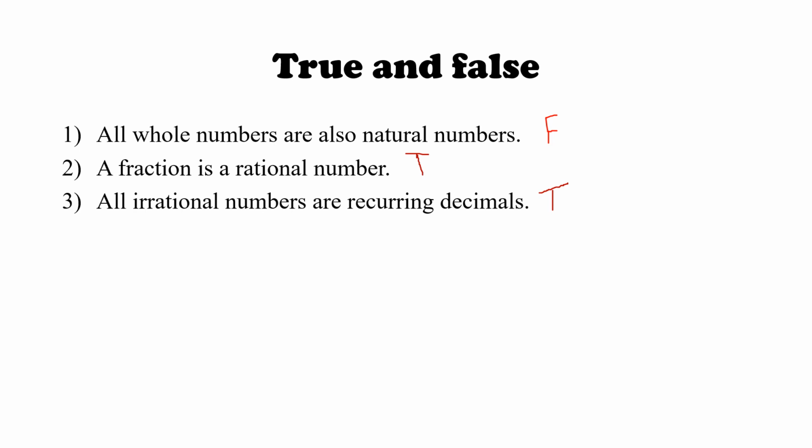It doesn't stop. The numbers keep going on forever. That's the same definition for irrational. It doesn't end. It goes on and on and on. And I think we have one more. The symbol for a whole number is Z, and that is false. The symbol for a whole number is actually W, and that was all shared in the last video.